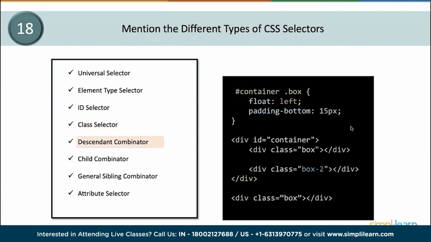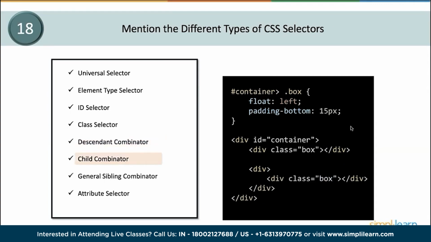We talk about the descendant selector. In the descendant selector you select all the elements which are part of that container, so you are selecting the container and under that all the child elements of the box. Then we have the child combinator.